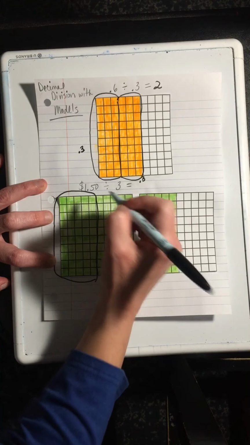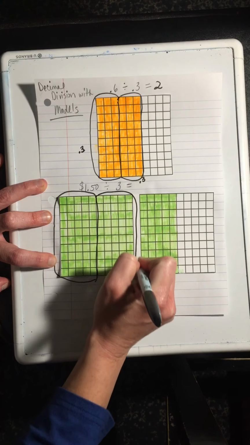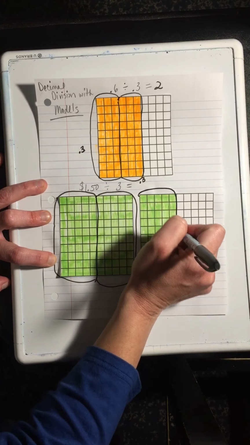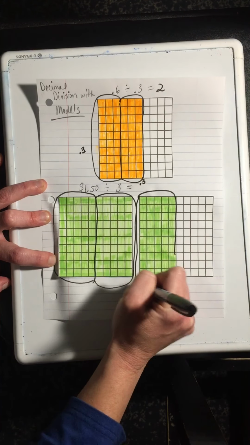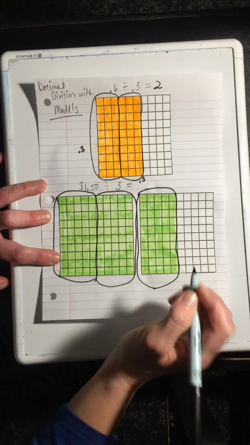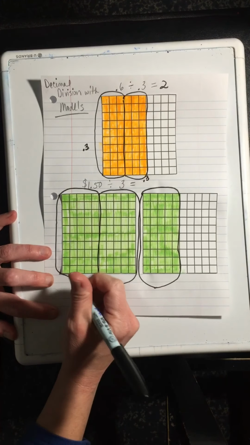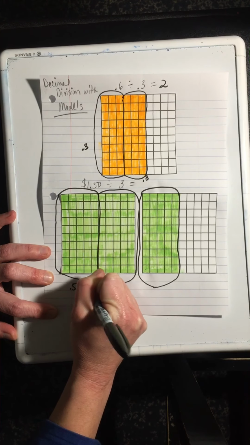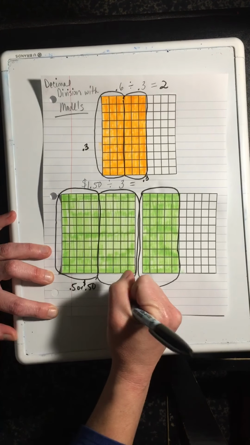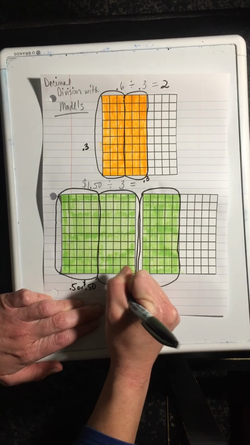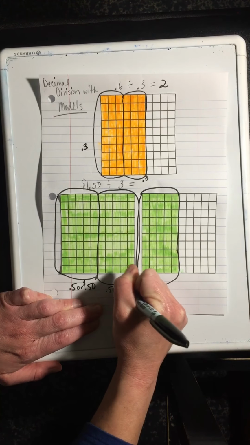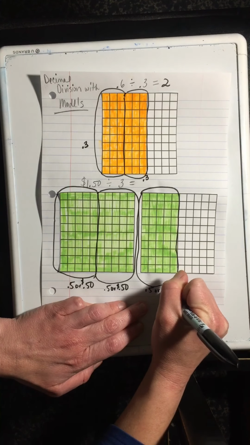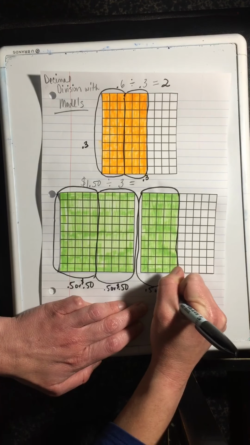So this is one group. This would be 2 groups. And this would be my third group. Here I have 5/10, or I could also say this is 50 cents, 5/10 or 50 cents, and then 5/10 or 50 cents.